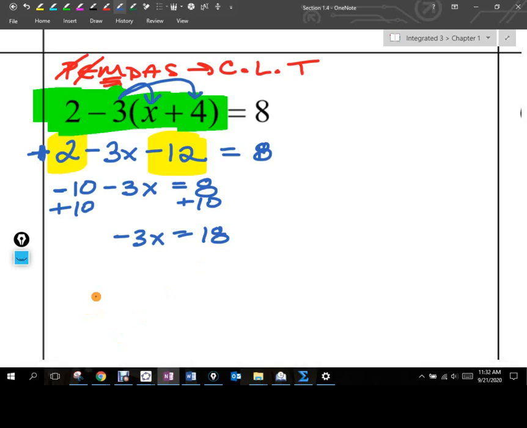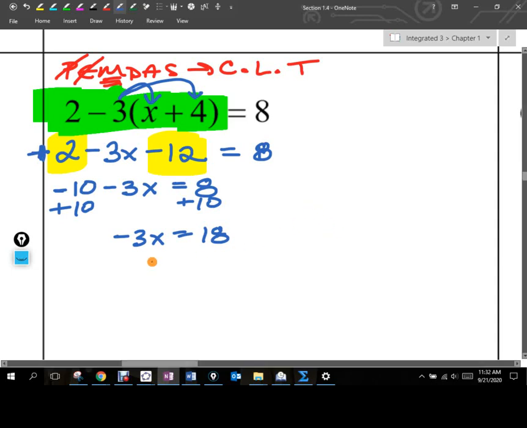Now what? Divide by negative 3. So what is a positive divided by a negative? Negative. An odd number of negatives always gives you a negative. And what's 18 divided by 3 then? Negative 6.